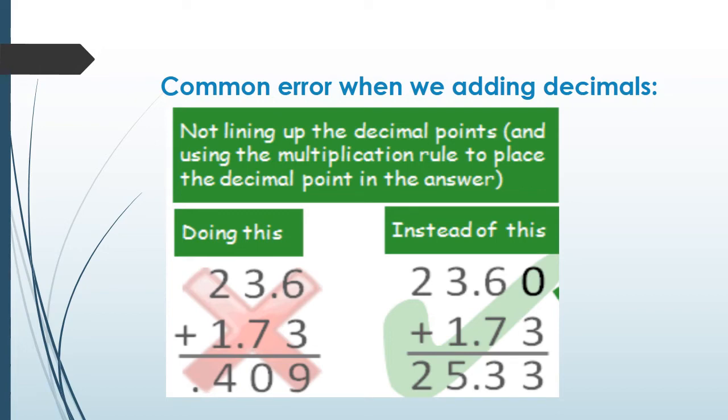So now in the hundredths, 0 plus 3 equals 3 hundredths. 6 tenths plus 7 tenths equals 13 tenths. 3 we put in the tenths, and the 10 we carry up, it's 1. Now 1 plus 3, 4, plus 1, 5. And in the tens place, 2 plus 0 equals 2.